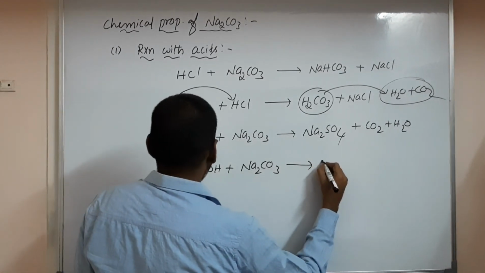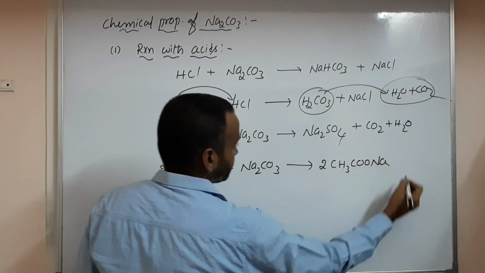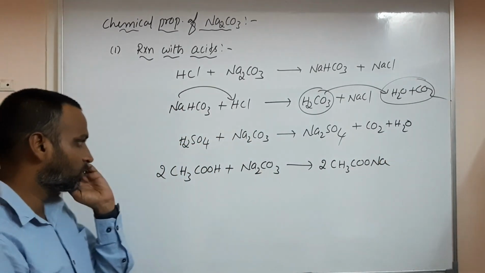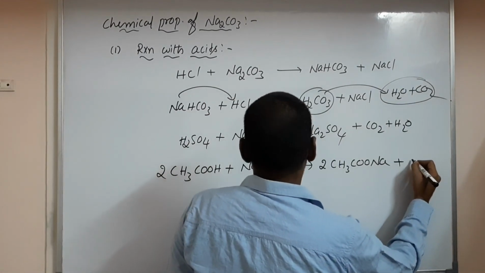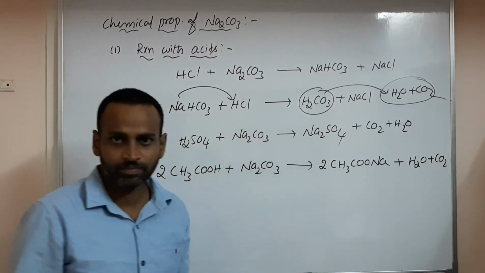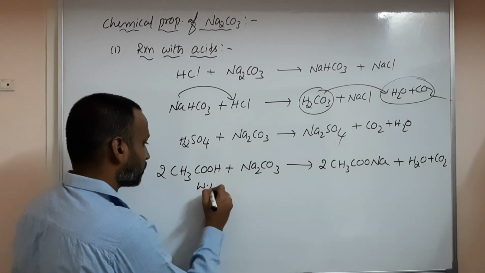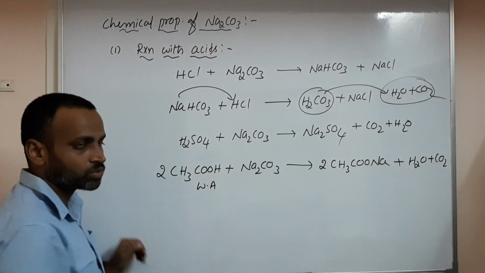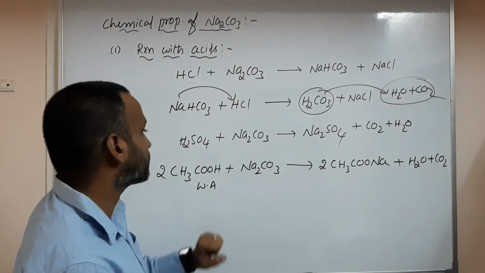So here I'll get 2 moles of CH3COONa. Here hydrogen is replaced by sodium. Then you will have the same story, H2O plus CO2. That's it. Got it everyone? So not only strong acids, weak acids also can react with sodium carbonate. That's why I gave this reaction.